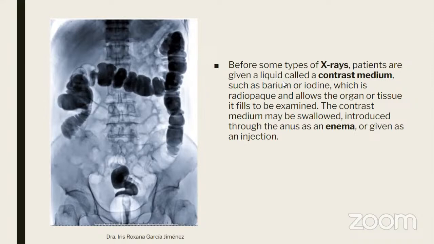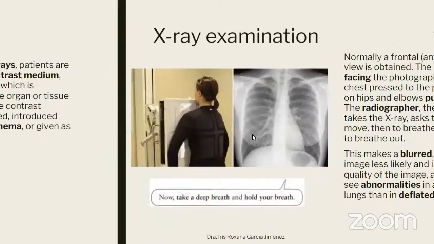An example, barium or iodine, which is radiopaque and allows the organ or tissue it fills to be examined. The contrast medium may be swallowed, introduced through the anus as an enema, or given as an injection according to the situation, okay?